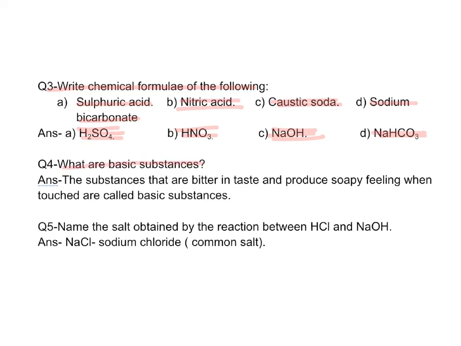And the answer to this question is the substances that are bitter in taste and produce a soapy feeling when touched are called basic substances. Next question. Name the salt obtained by the reaction between HCl and NaOH. And the answer is NaCl, that is sodium chloride, commonly known as common salt.